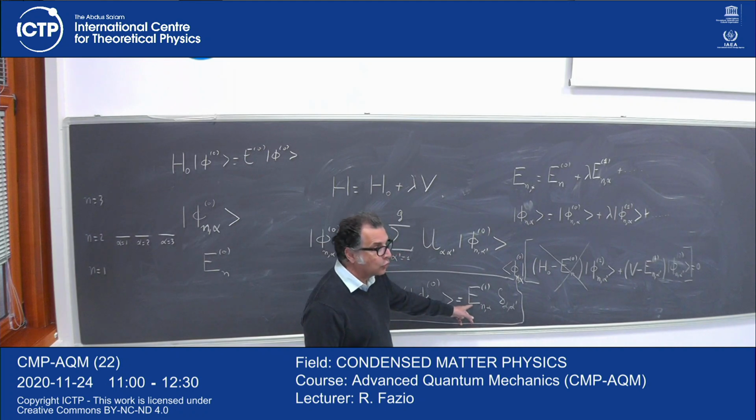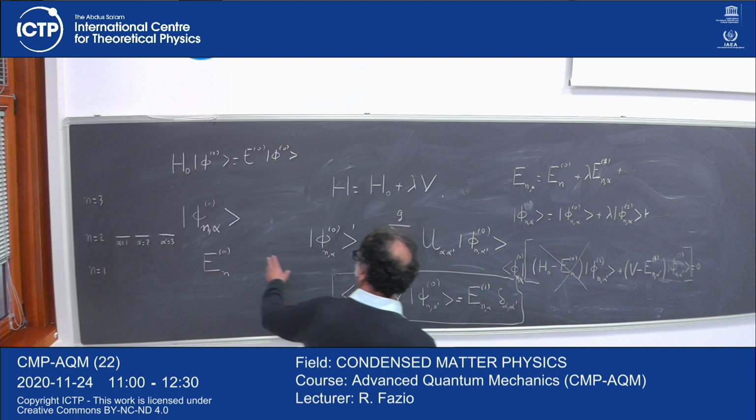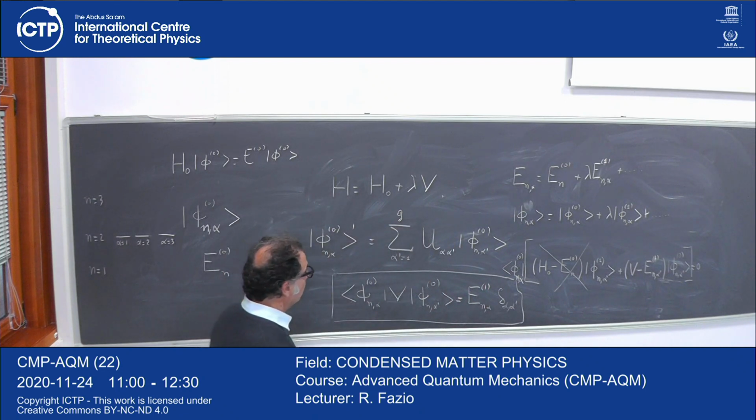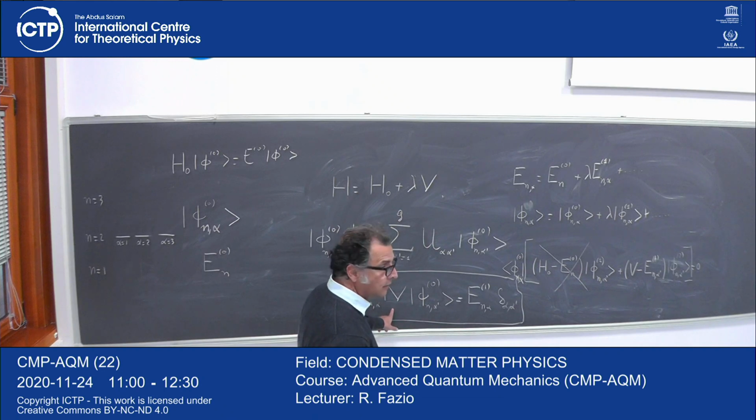In order to find the first order correction to the degenerate spectrum, you have to take the basis that diagonalizes the perturbation. And here I'm connecting to this rotation of the basis.